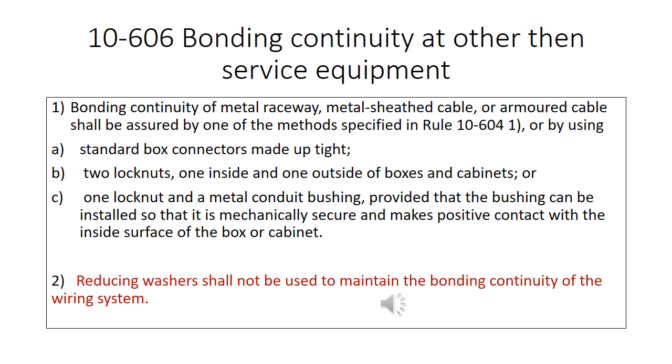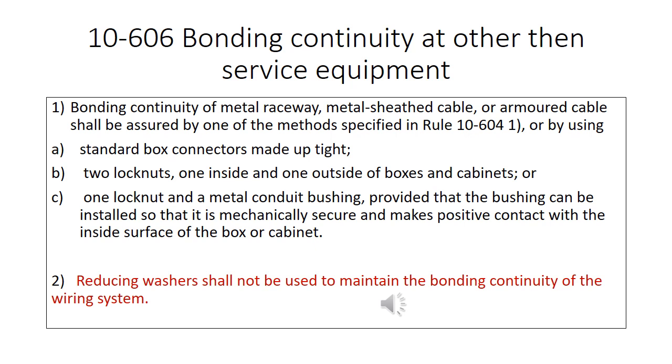B. 2 lock nuts, one inside and one outside of the box and cabinet. Or C. 1 lock nut and a metal conduit bushing, provided that the bushing can be installed so that it is mechanically secure and makes positive contact with the inside surface of the box.